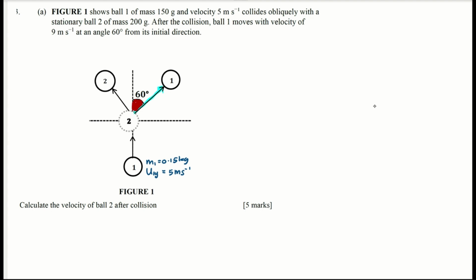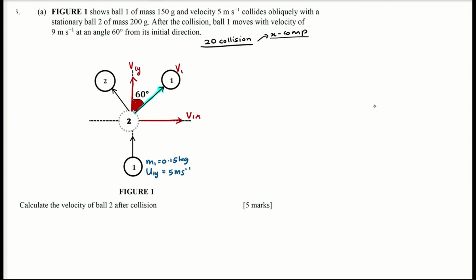So this is V1. You need to resolve into V1X dan juga V1Y. Once you ada X and Y, means that this is 2D collision. Bila you nak guna conservation of momentum, you mesti divide into X and Y component.